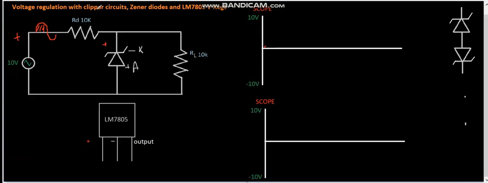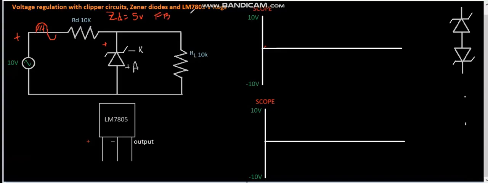So let's say that this is 10 volts coming in, and we'll say that this Zener diode is a 5-volt diode, meaning that when it's installed as a voltage regulator, the way it's designed to be used, which is in reverse bias, it's going to drop 5 volts across it. When it's installed in forward bias to the circuit, it's just going to drop whatever its forward bias value is.